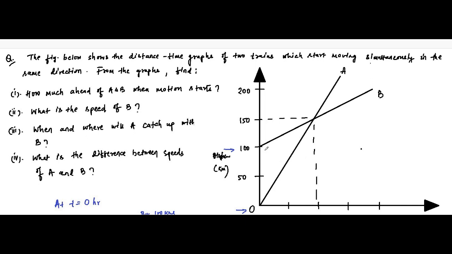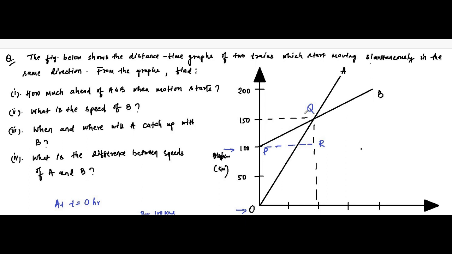Let's call this P, this intersection point Q, and this one R. Let's see where the need of it comes. Let us now focus on this PQ portion of the curve, the distance time curve of train B.